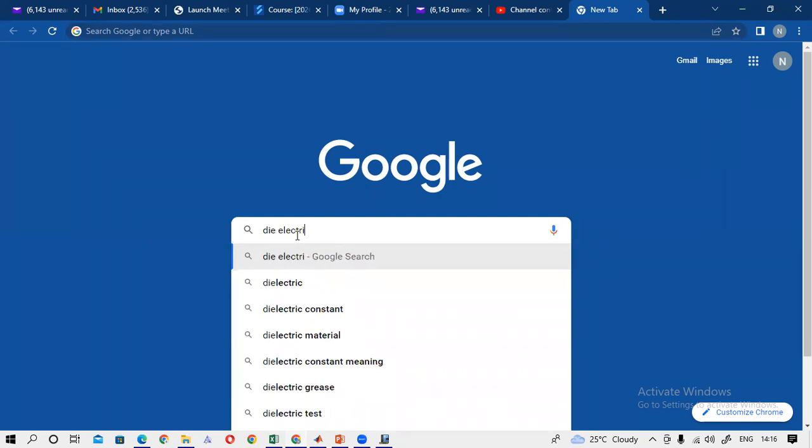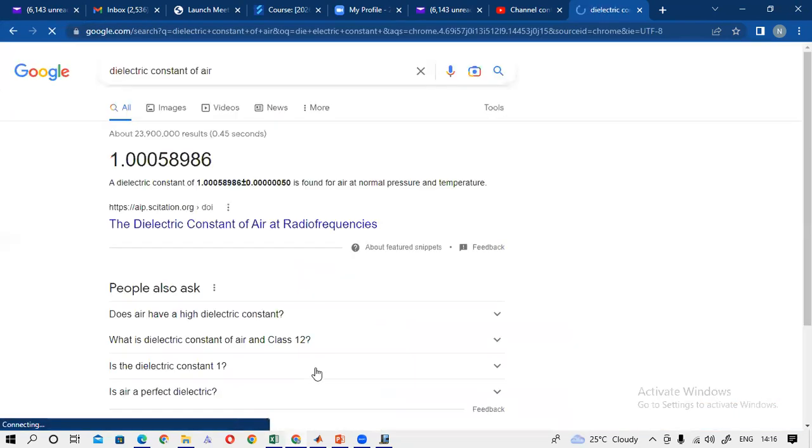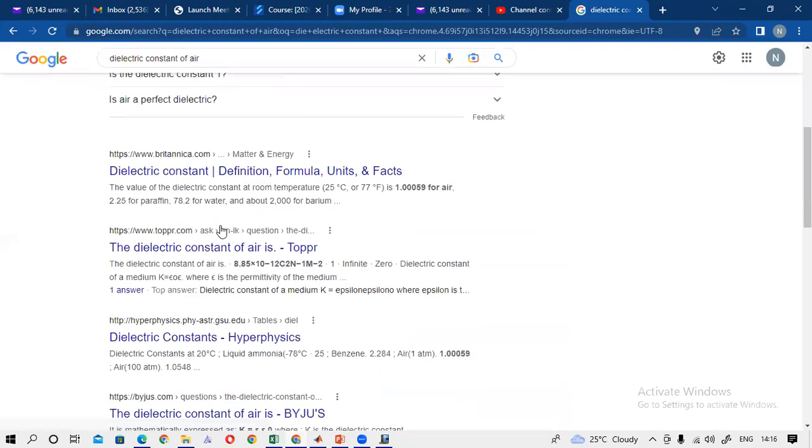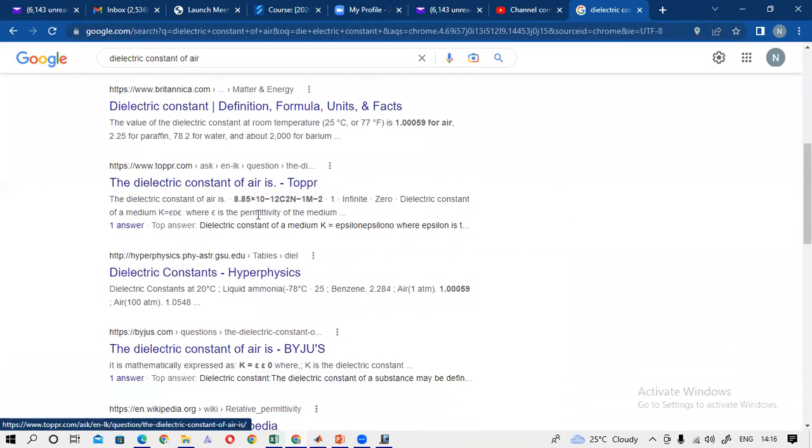Dielectric constant, or electric permittivity, constant of air. So you can see that there is a value. This is not dependent on the frequency; it is a constant.